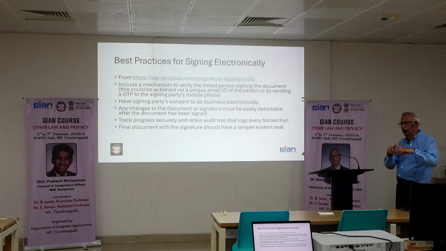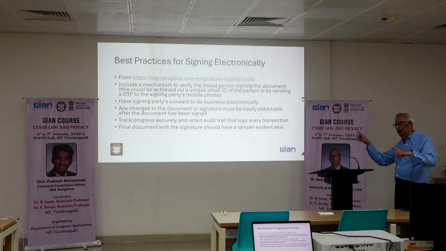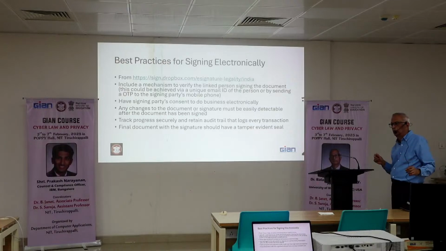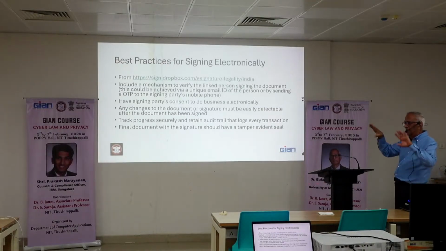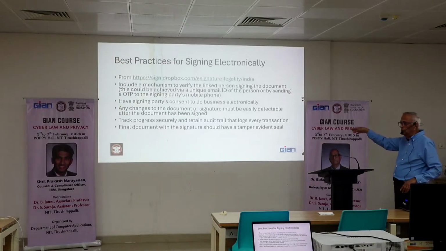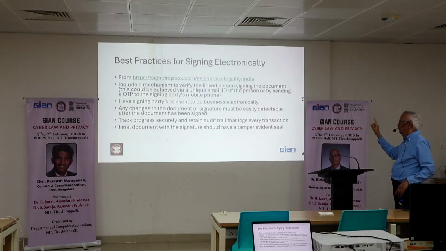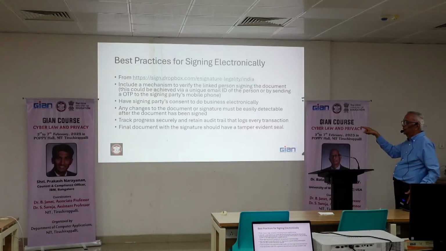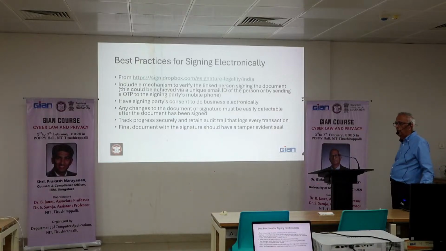You get the hash, you send everything encrypted to the other side, and the other side decrypts it. The hash of the decrypted document should match the hash that was sent over. That proves it, but any other means is okay too. Basically you should be able to prove the document or signature has not been tampered with.